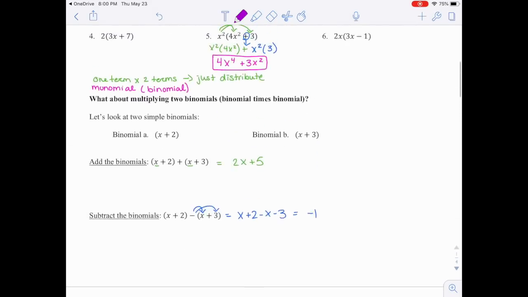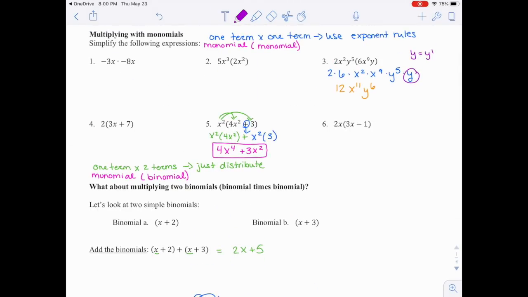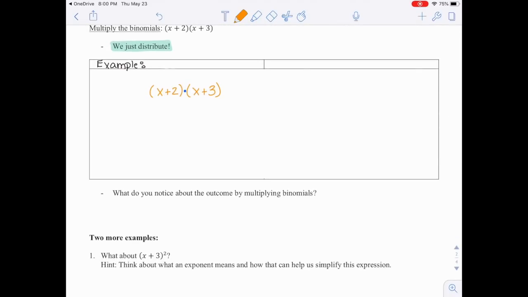So, previously, I did my monomial times both things in my binomial. Down here, I have to do the first term in my binomial times both terms in my binomial. So I get x times x plus x times 3.